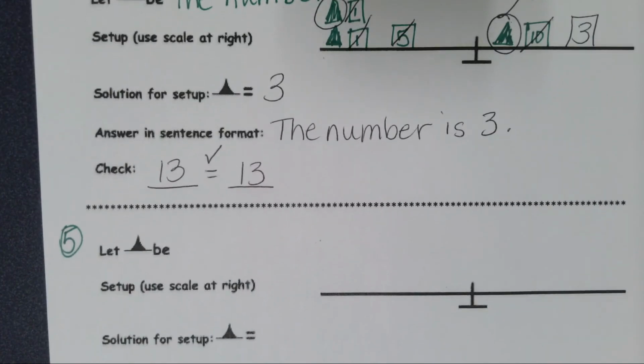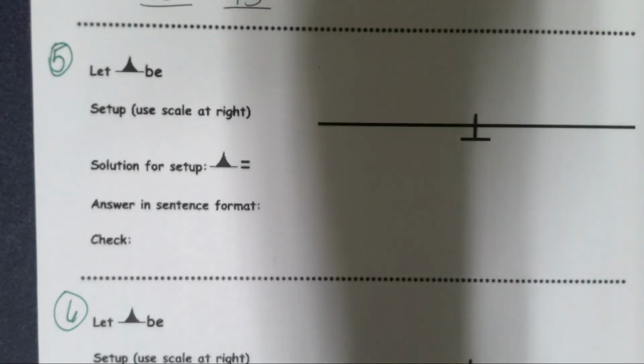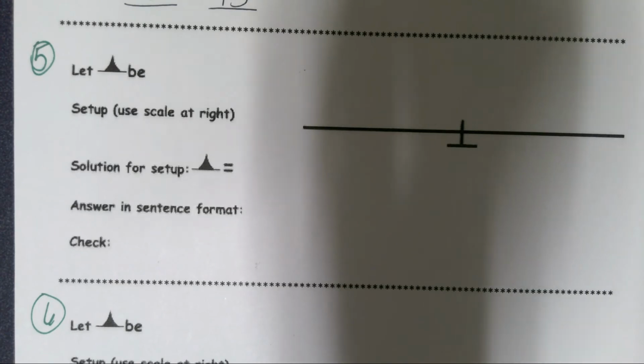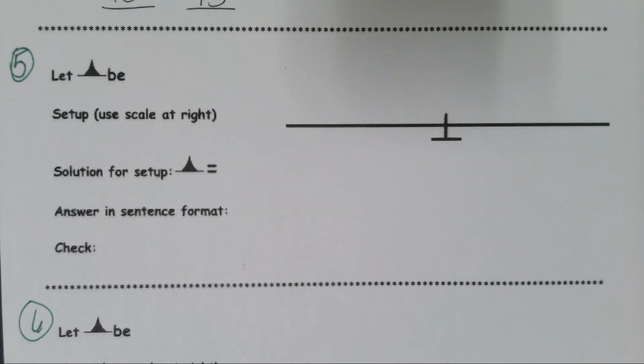Let's move on to problem number 5. On this problem, Jamie guessed a number. Rob guessed a number that was double the sum of 3 and the number guessed by Jamie.